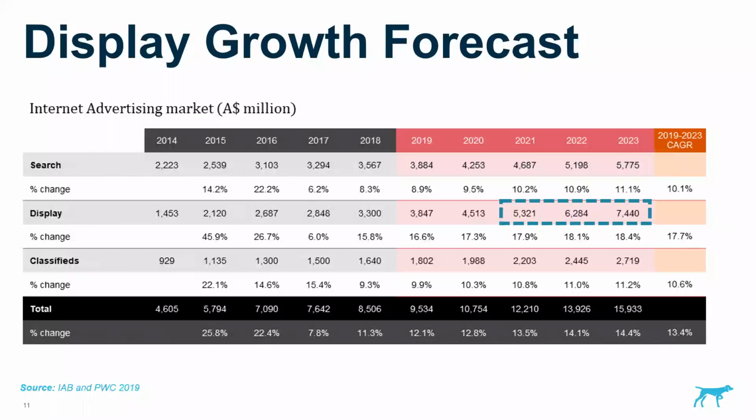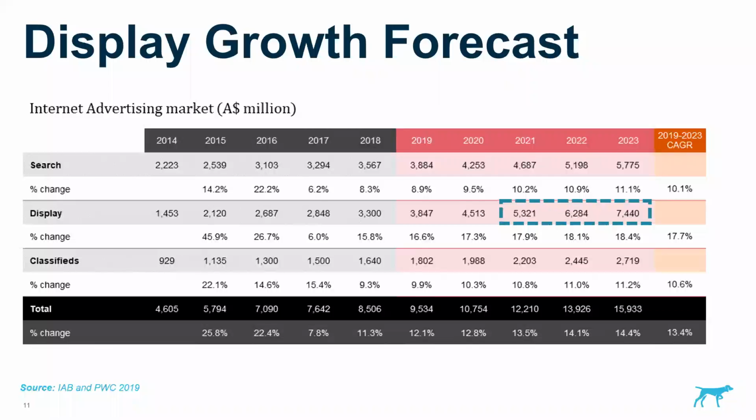I think this was made in 2019 before COVID hit, and there has been a bit of a stumble this year for display, as a lot of those prospecting budgets have been cut. But even then, the expectation is that by 2023 it will be nearly 2,000 million in excess of search, while the category continues to grow.